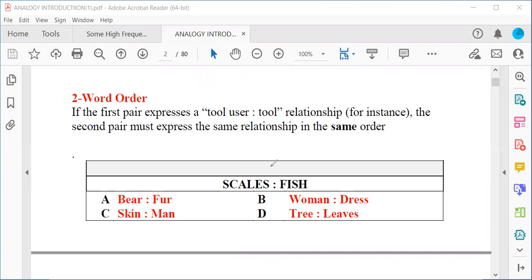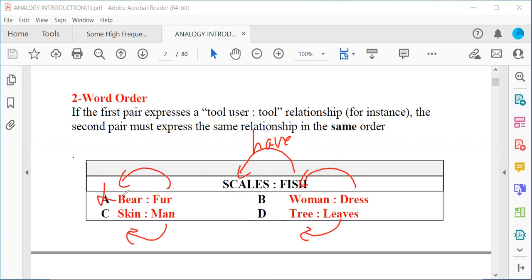The relationship between scales and fish is part of. So fish have scales. So we have to follow the same order, backward, and see which one has the same relation and the same order.